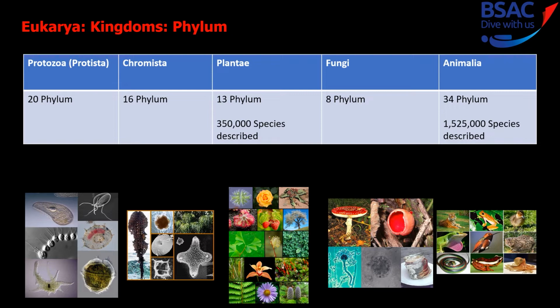In the fungi kingdom, there are 8 phyla. The animal kingdom has 34 phyla, and science has actually described 1,525,000 species, which is about 3.5 times more animal species than plants.